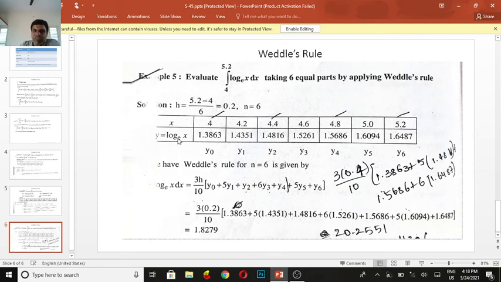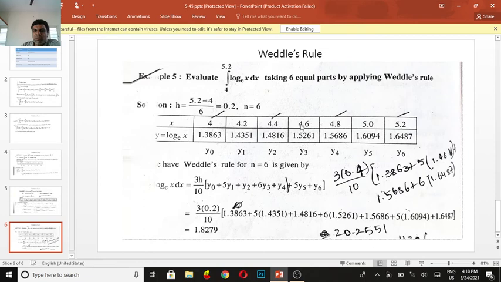The corresponding values of log x are natural logarithms, log x base e. If x is 4, the corresponding value of log x is 1.3863. If x is 4.2, it is 1.4351. If x is 4.4, it is 1.4816.